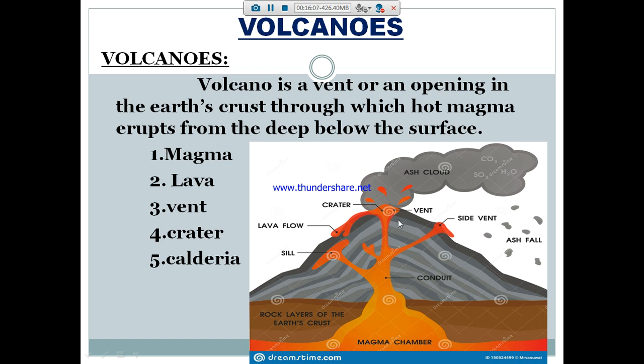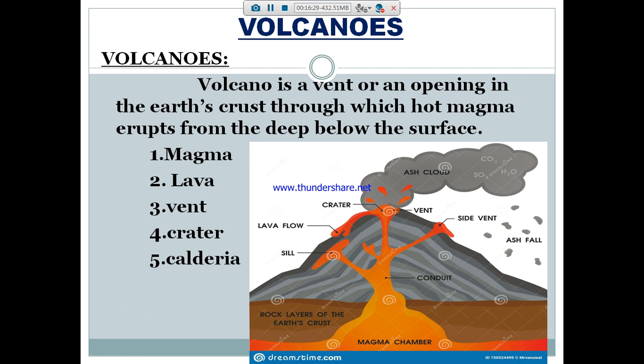We say vent as the mouth of the volcano. So while it erupted, it flows outside and looks like a water surface. It is called lava. And the mouth of the mountain, the opening of the mountain, is called the vent.